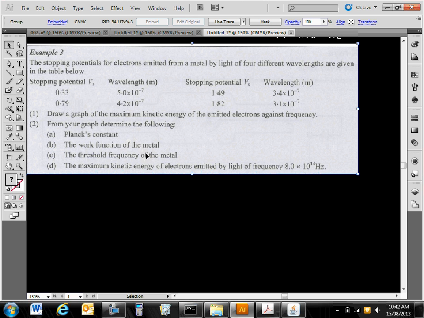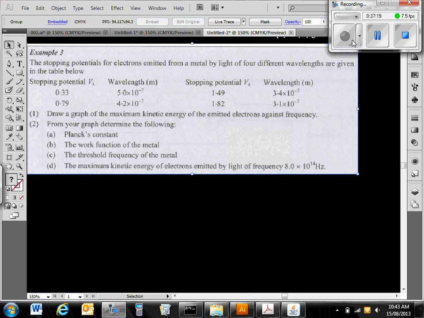Threshold frequency, x-intercept. And maximum kinetic energy of electrons emitted by light of frequency 8 by 10 to the 14 hertz: you'll find where that is on your graph, on the x-axis, and then draw a line to it on your graph. Okay, have a go at that, please.